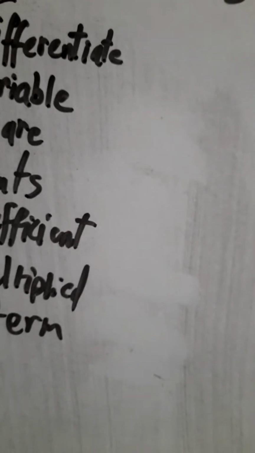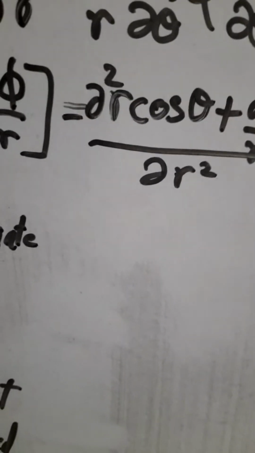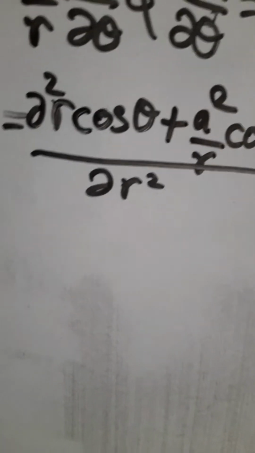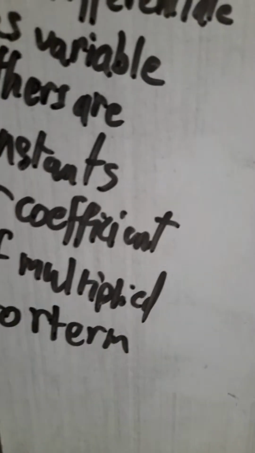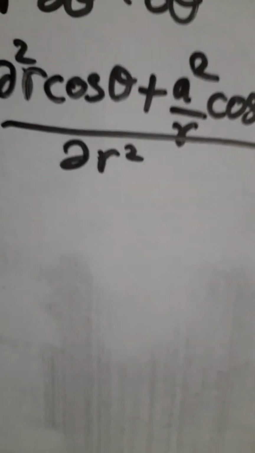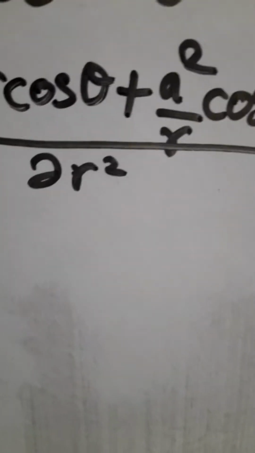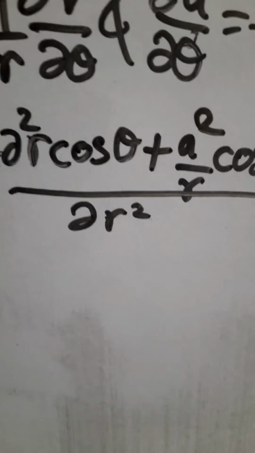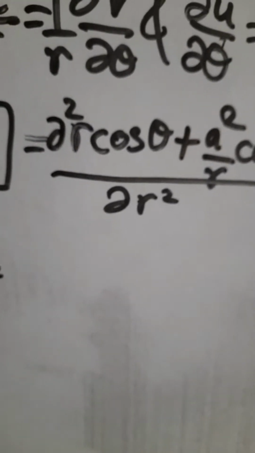Now, what I would do is, we have r, which is actually the r term, like with respect to r we are doing this. So the r term would be considered as a variable and we would differentiate it. Cos theta would be taken as a constant, but it is multiplied with the r term, so it is joined to the r term in one term, so it would be taken as a coefficient, not a constant, so its derivative won't be 0.